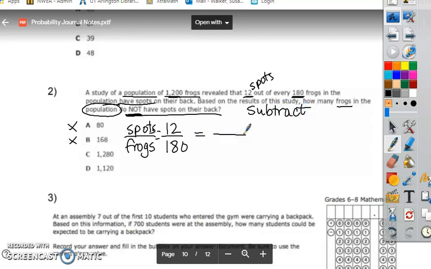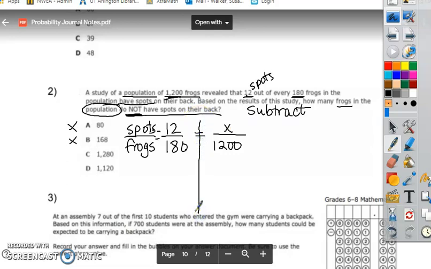So what I do know is this was our sample, 12 out of 180, but there are 1,200 frogs in that population. So this is a total and this is a total. This is going to tell me the number of frogs that have spots, okay?